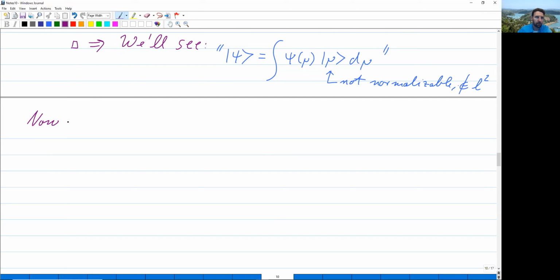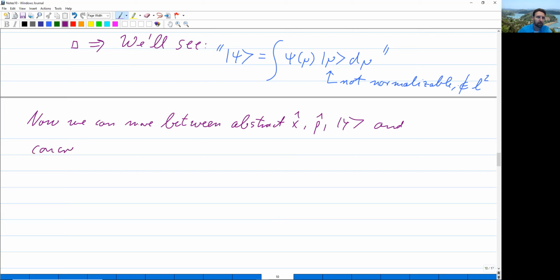Now we can move between abstract x hat, p hat, and psi, and concrete representations in bases.